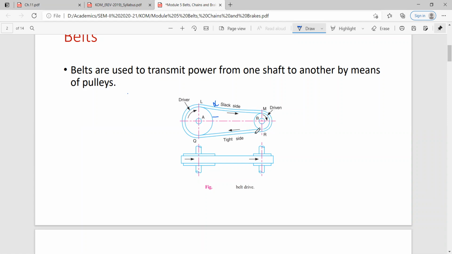So it depends on the application. Here, on the driving shaft a larger pulley is there, and on the driven shaft a smaller pulley is there. So the driving pulley will complete one revolution, and at the same time the driven pulley will complete more than one revolution. Its speed depends on the diameter of the pulley.